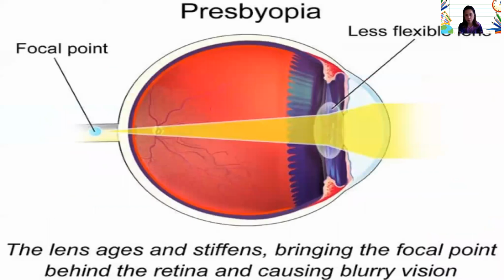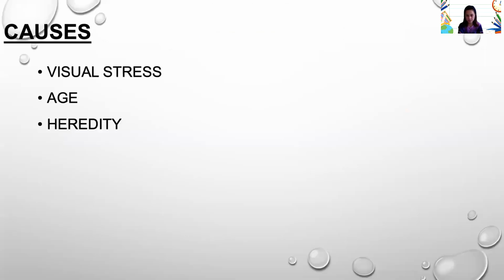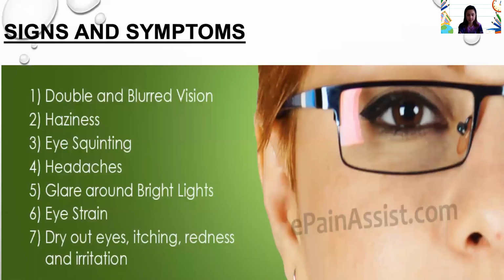We have also presbyopia. Usually presbyopia is seen to patients who are old. So the lens ages and stiffens, bringing the focal point behind the retina and causing blurry vision. Anong causes nun? Visual stress, age, and heredity.